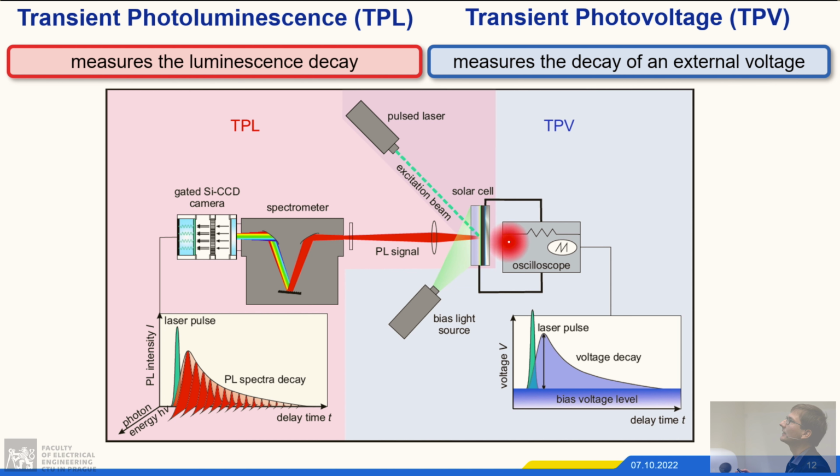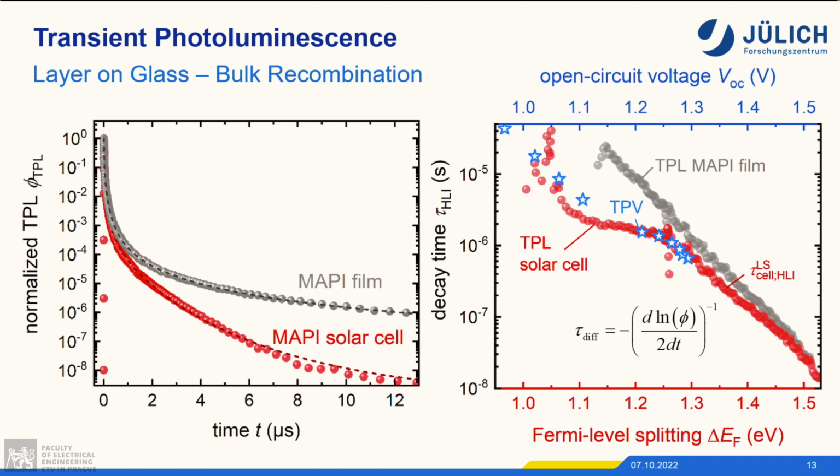The solar cell will have a photoluminescence that we detect with a gated silicon CCD camera and then plot as a function of time. But the solar cell will also create a voltage that we measure with an oscilloscope, and we have this voltage decay here. So we can measure with the same setup at the same time transient photovoltage and transient photoluminescence.